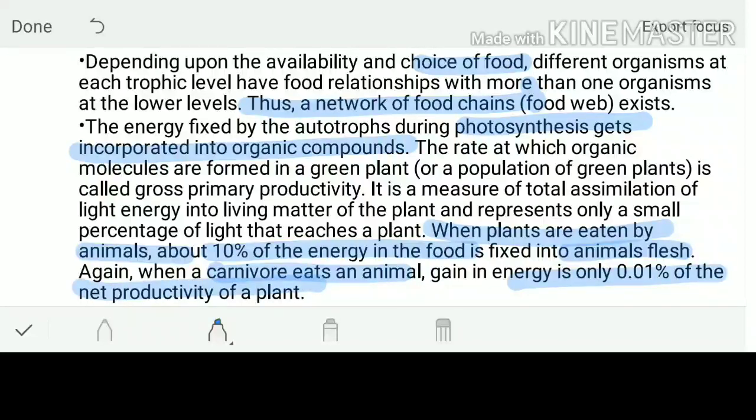Do remember one thing: the energy transfer in the trophic levels follows Liebig's 10% law, which means that in each trophic level the energy is reduced, and only 10% of the energy will reach the next trophic level.